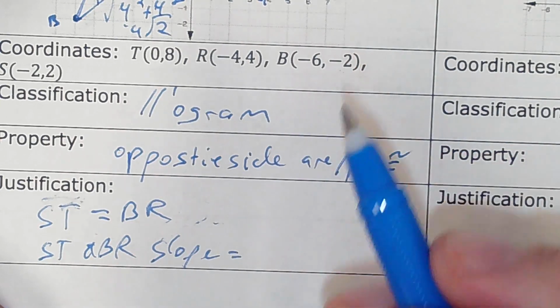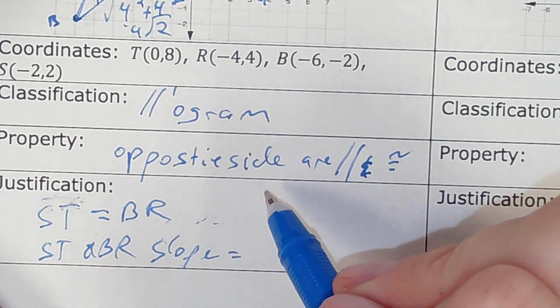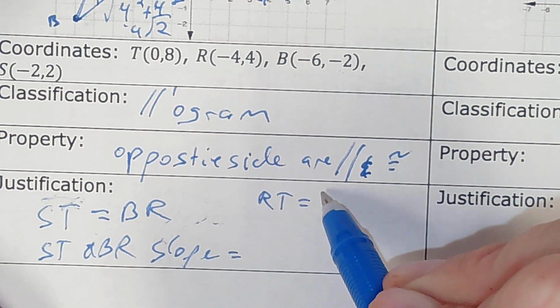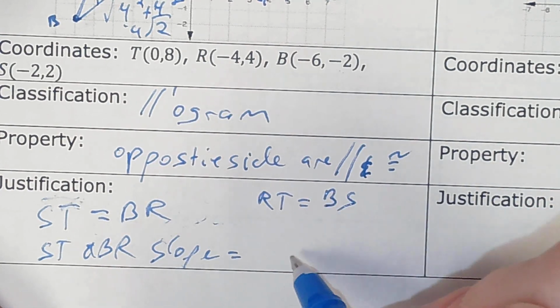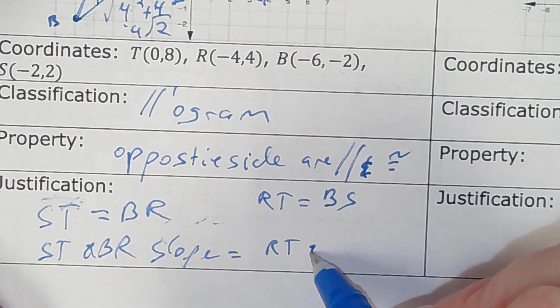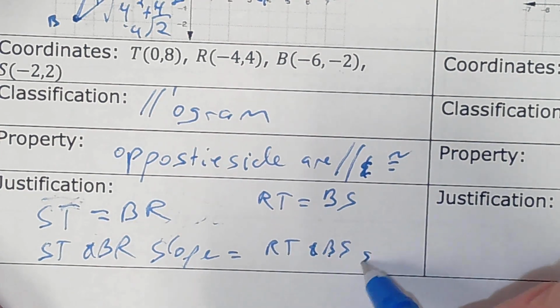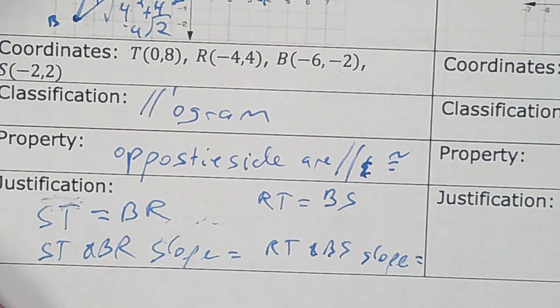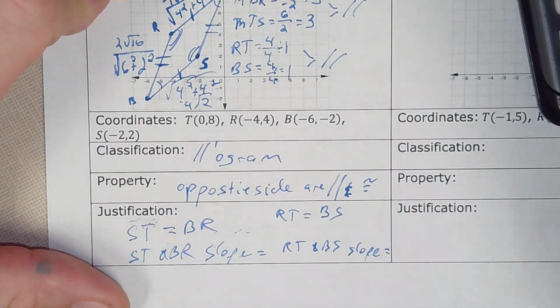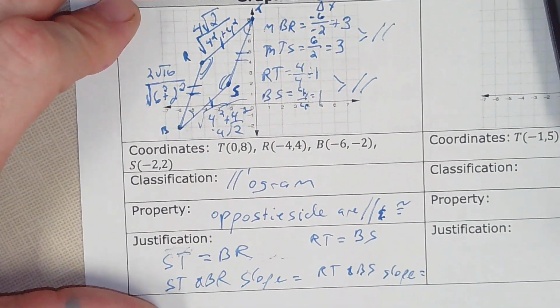And same thing with RT equal to BS, RT and BS slope equal. So that is what I'm going to say for that one. So that is a parallelogram.